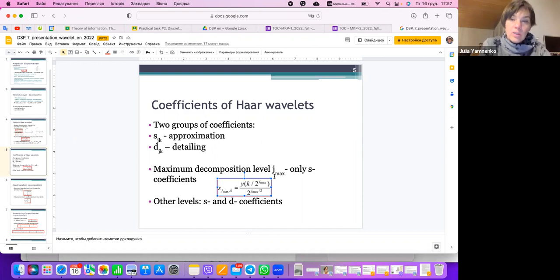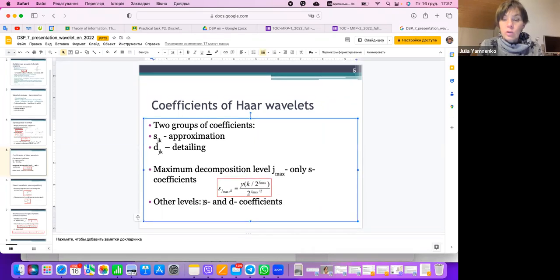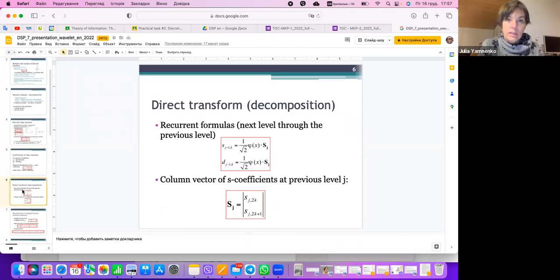So just taking this signal and doing some uncomplicated calculation with it, we obtain S coefficients for the maximum decomposition level. And that's all that we do at this level. So we just have to calculate this set of S coefficients. For all other levels, we will calculate not only S, but also D coefficients. So approximation and detailization.